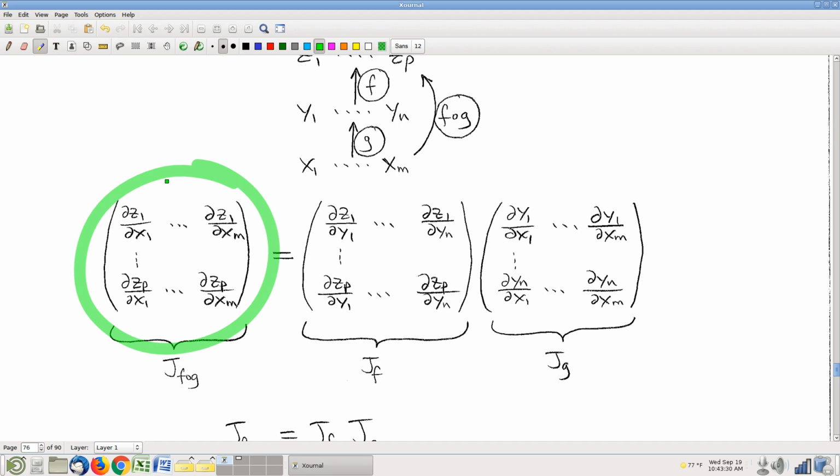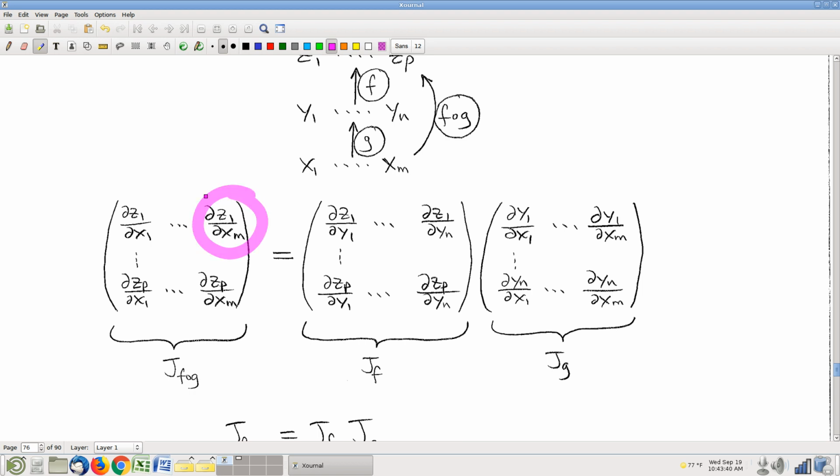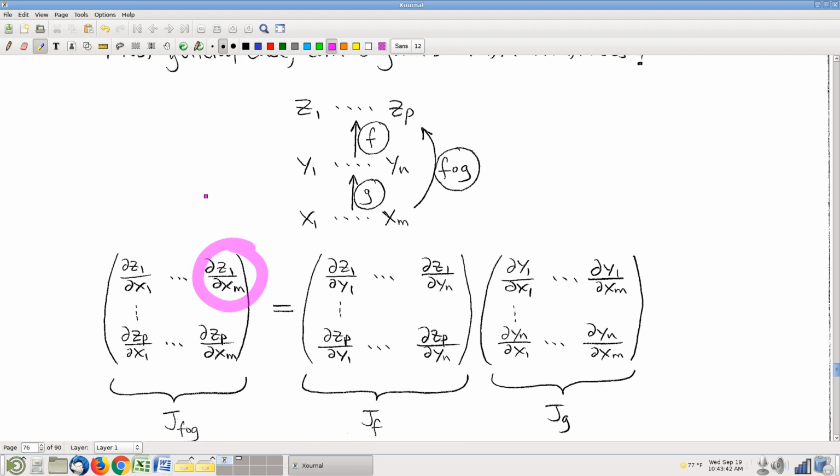Let's just write that down and see this happen. Let's start with that one there. I'm going to use purple here. Let's look at that partial derivative, the partial of z1 with respect to xm.